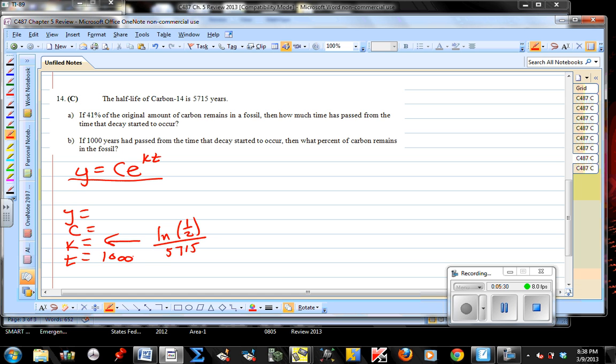And I want to know what percentage, and we have a little bit of a problem because there's two unknowns right now. But remember, percent is part over whole. So if we started with 100 grams, for example, and we ended with something, the ending amount would tell us the percentage.